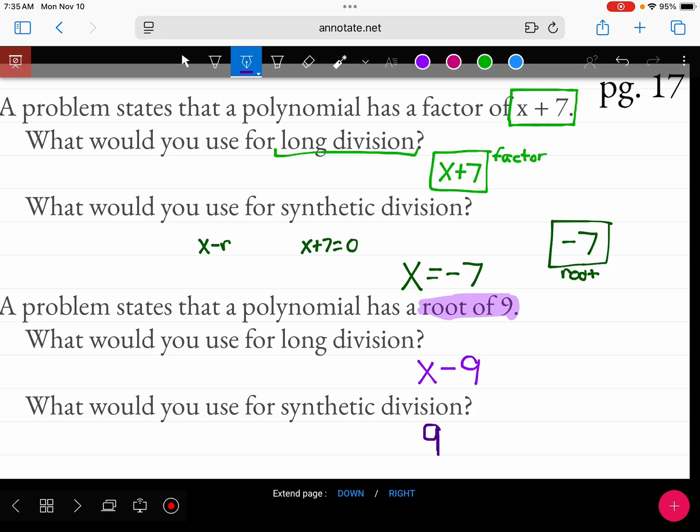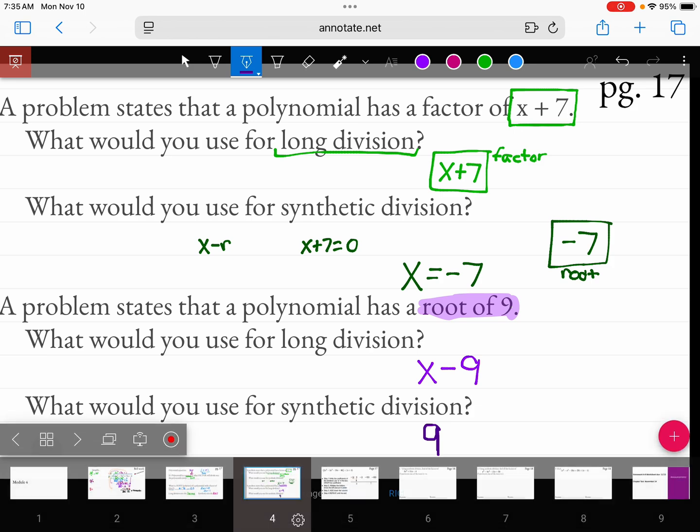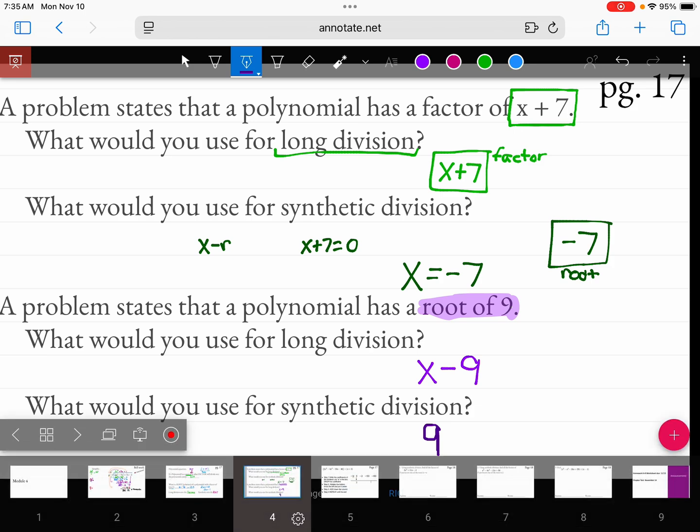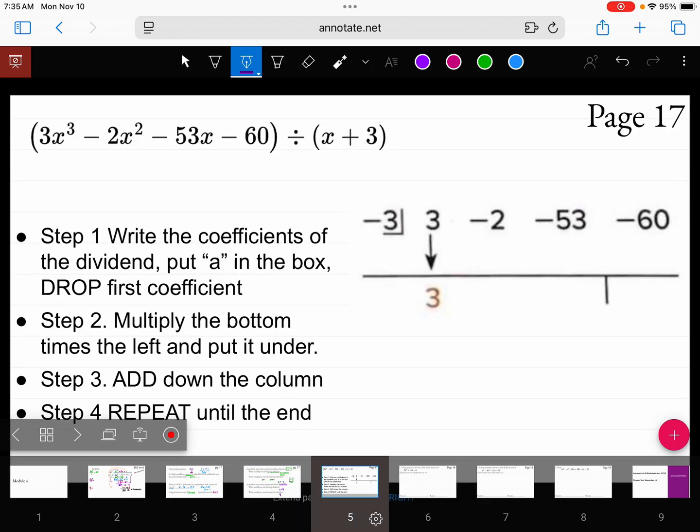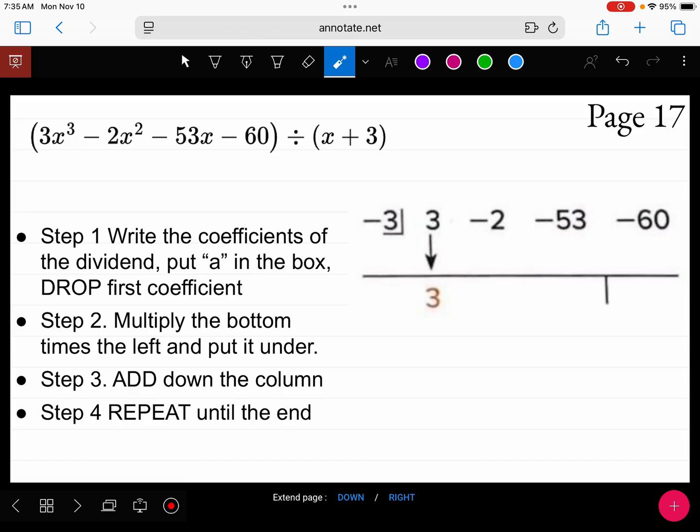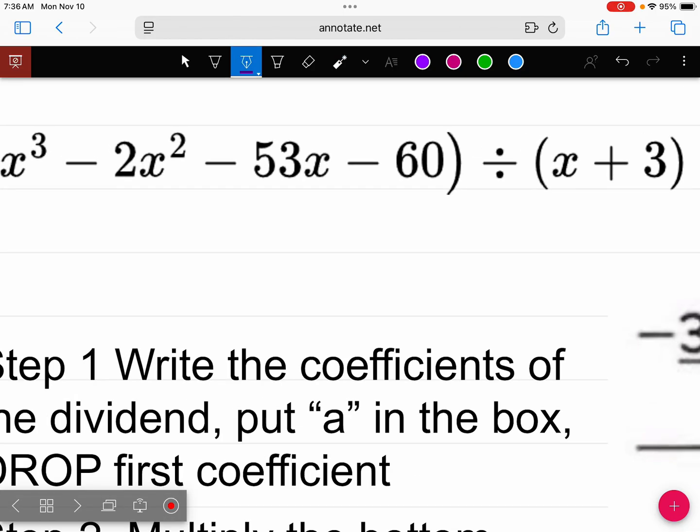The very bottom of this page gives us our very first walkthrough on synthetic division. And it's kind of built off to the side. I'm going to walk you through what the heck this nonsense means. This right here is the setup for synthetic division. This is the same thing as if I took this problem right here and wrote it out as long division, how we did before when we had our x plus 3 and we were dividing that into this whole big old thing.